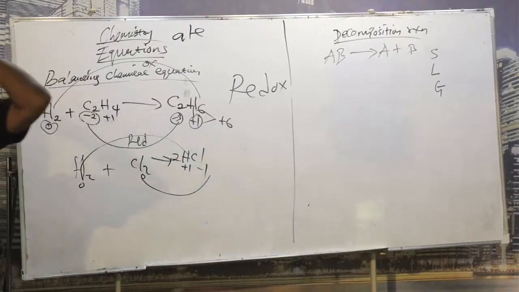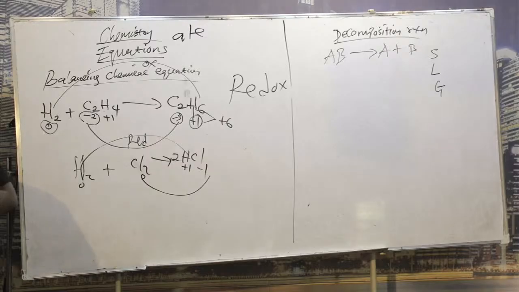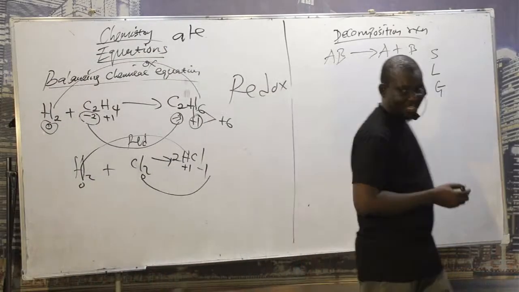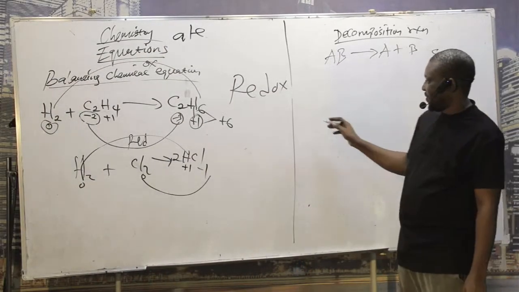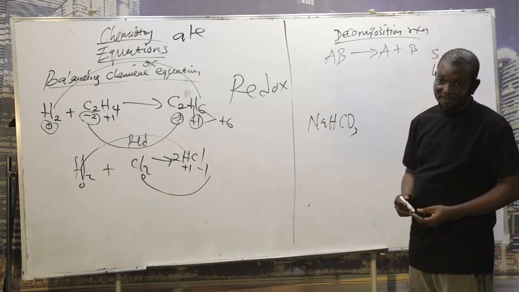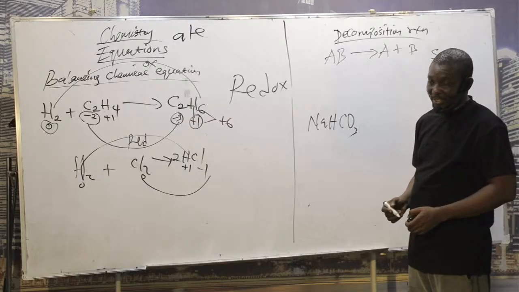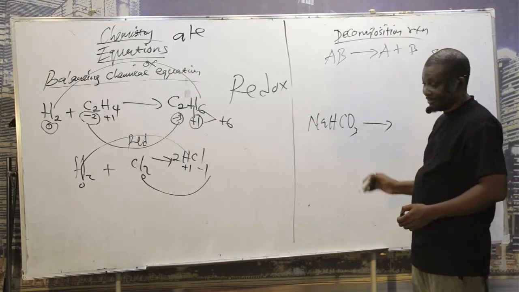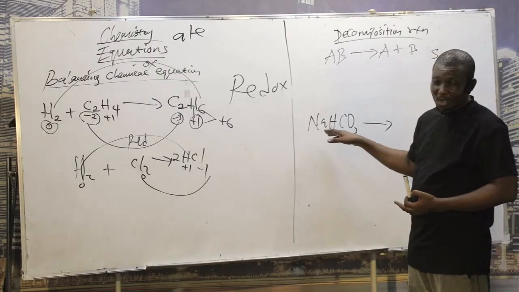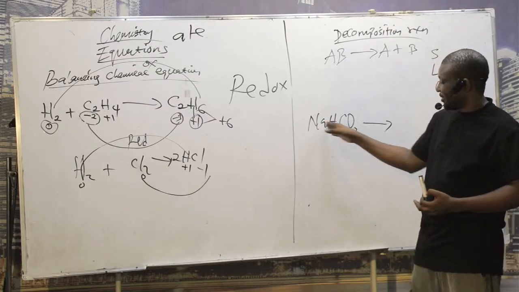So many things will come up when you are balancing such a reaction. You have to be very careful. I think I gave you one or two decomposition reactions. Supposing we have NaHCO3 and you are asked to balance this equation. I have to factor in what elements are in this compound.